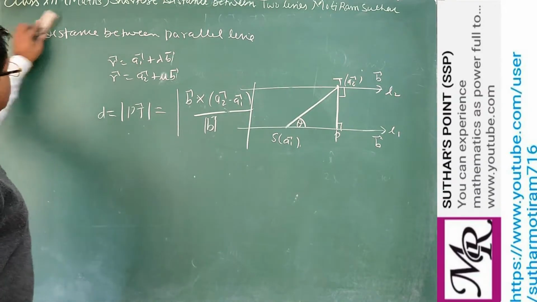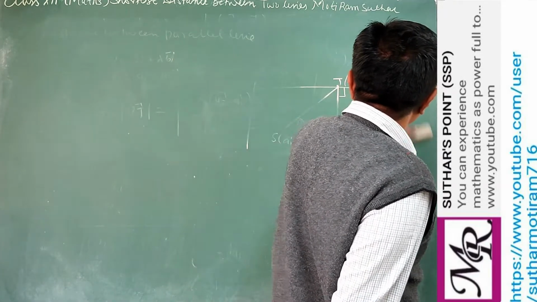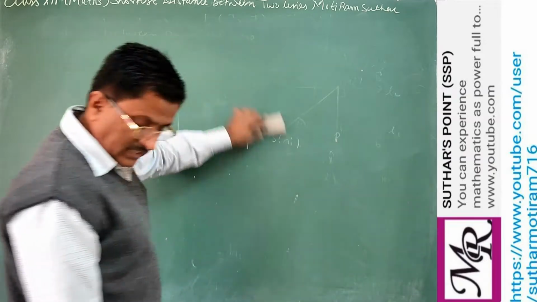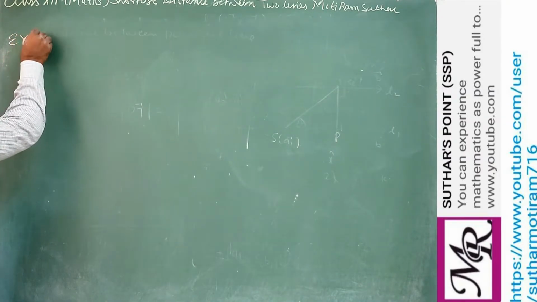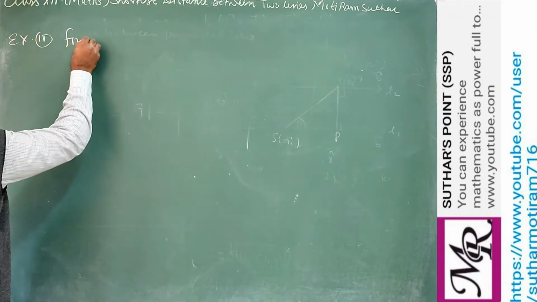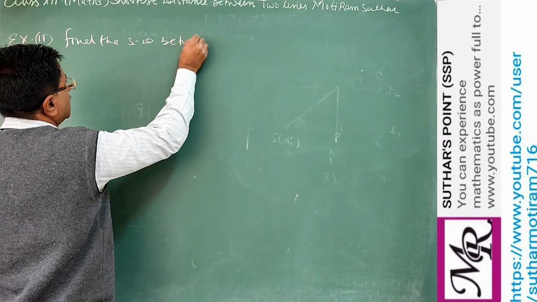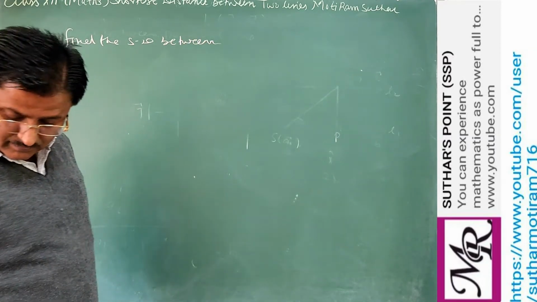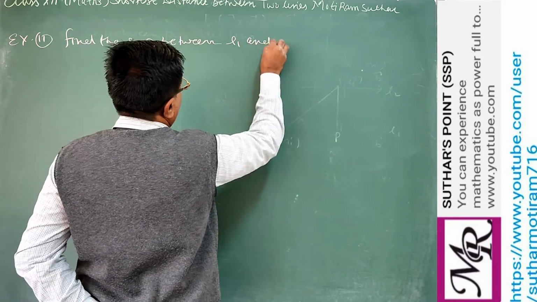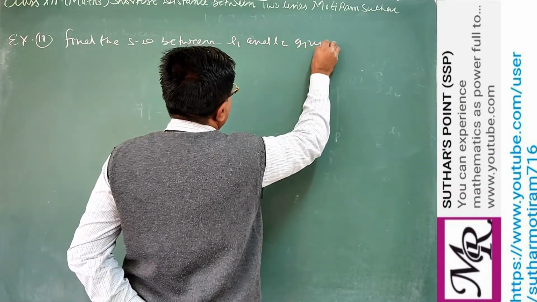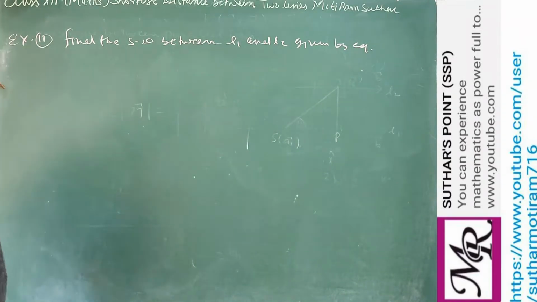So now we take some examples to understand how to find the shortest distance. So first, example 11. Find the shortest distance between L1 and L2, given by equations in vector form.